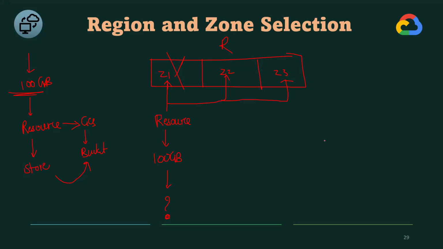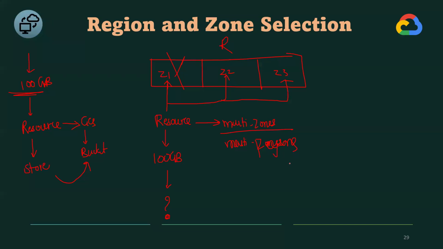Try to select multiple zones. So while creating the resource, you select an option called multi-zones or multi-regions. Either you select multi-zones or multi-regions. Sorry, I wrote both the same thing. This is regions, try to understand it.